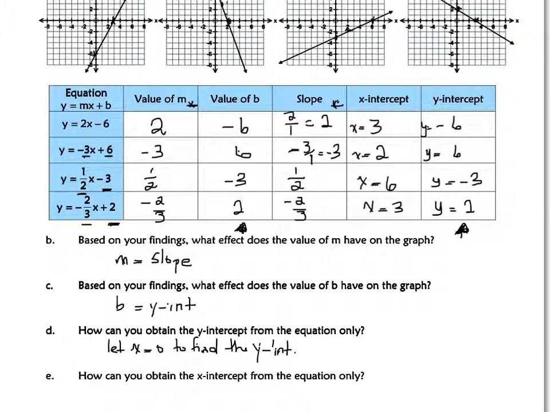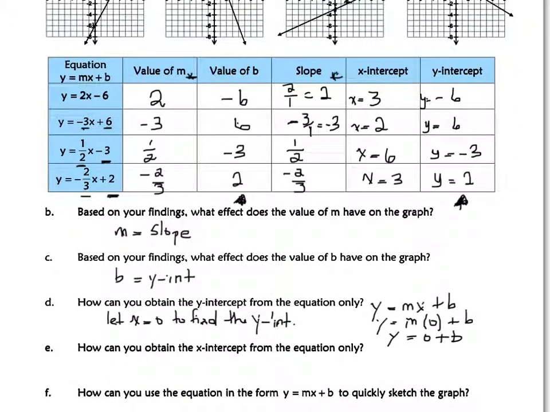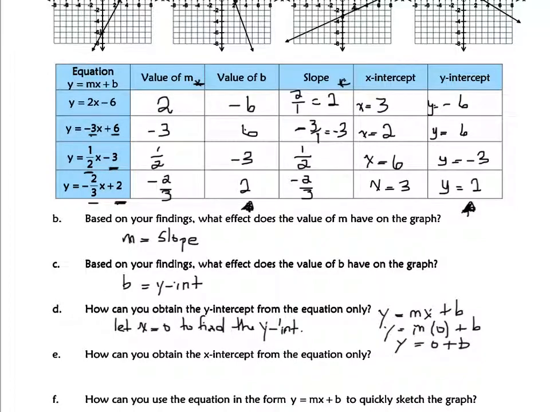So for example, if I took our general form y equals mx plus b, and I put 0 into that equation, you would just end up with 0 plus b, or y equals b. So the y-intercept will always be whatever the b value is.